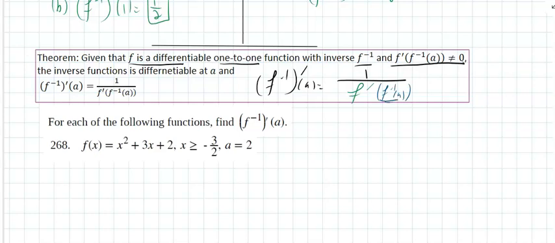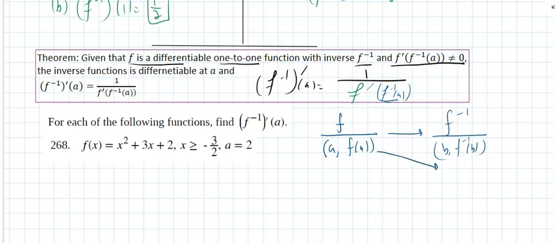And let me elaborate. If this is f, if you pick a, y will be f of a, right? This is the inverse. If this is a, if this is b, this is f inverse of b. But the way those are related, don't you swap the x with the y?